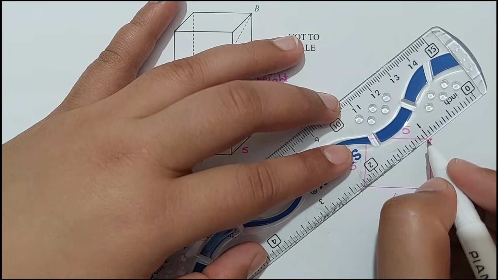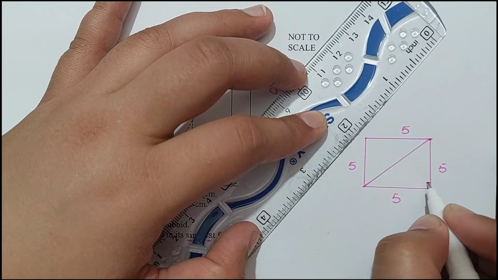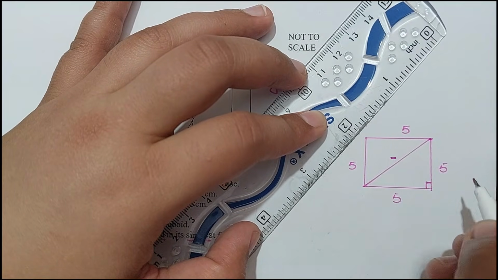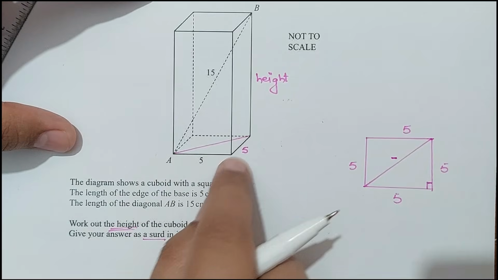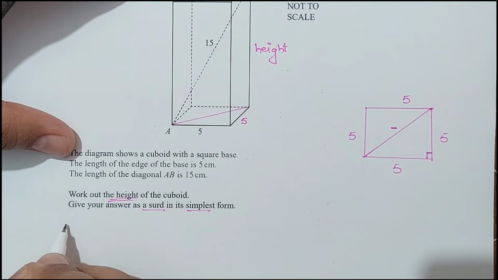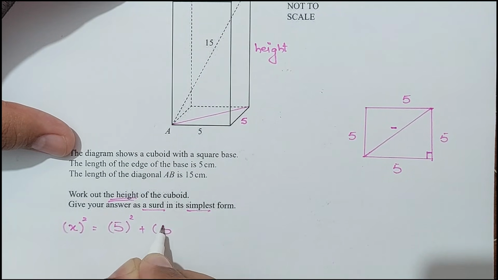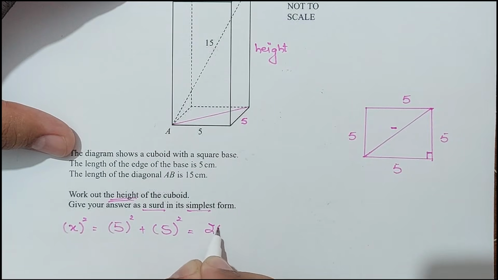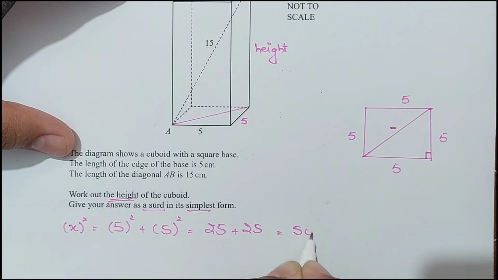We can join the diagonal and it makes a right angle triangle. We have to find out the length of the diagonal, right? This is 5, this is 5. Apply the Pythagoras theorem. So the length of the diagonal, let's say x square would be equals to 5 square plus 5 square. This would be equals to 25 plus 25. This would be equals to 50.